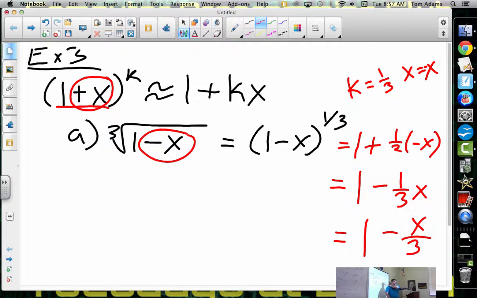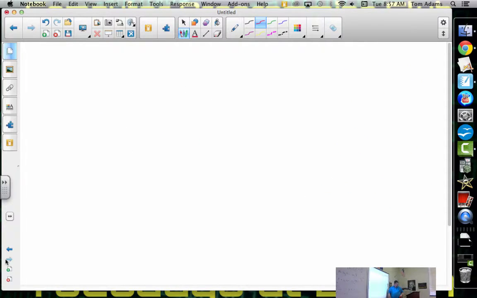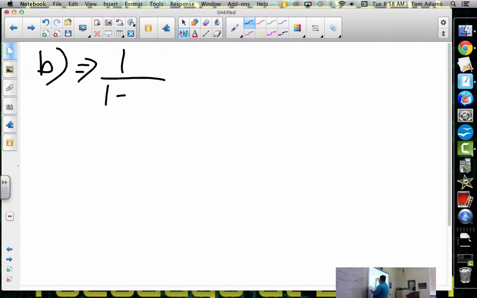Can I switch screens, move on to the next one? All right. So now another scenario would be something like this. B, I have 1 over 1 minus x. Well, that too is a binomial expansion to some degree, because it's really 1 minus x all raised to negative 1.